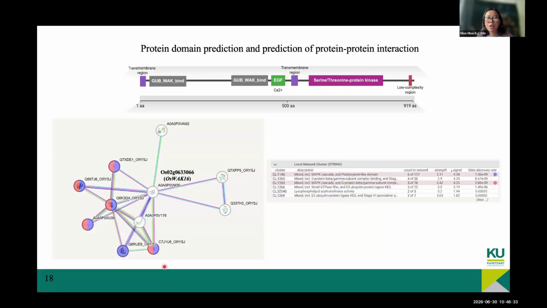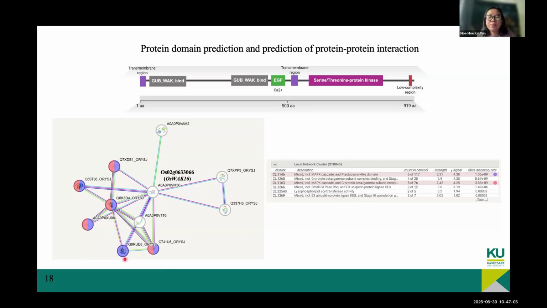We also performed protein domain prediction and protein-protein interaction, because a typical wall-associated kinase gene should have an extracellular protein domain to sense the signal, a transmembrane region that can relay the signal to the cellular regions, and an intracellular protein domain for further relaying signals to the downstream pathway.